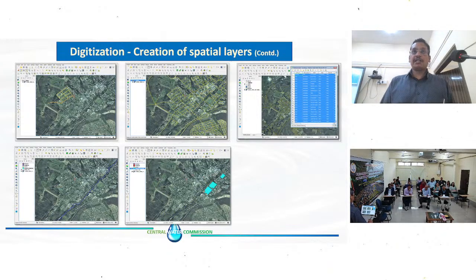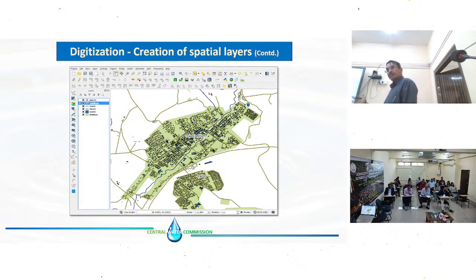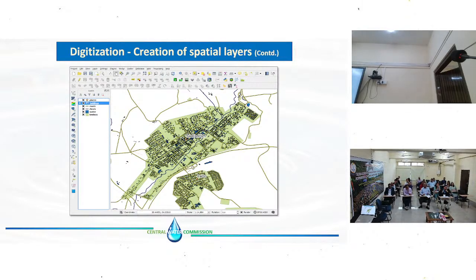Similarly, river, similarly, buildings. And once you create all those layers and remove that base layer, the satellite layer, you have created these many GIS layers. All these, except for land use, are vector layers, line or polygon or points. So you have this representation of the reality, right?